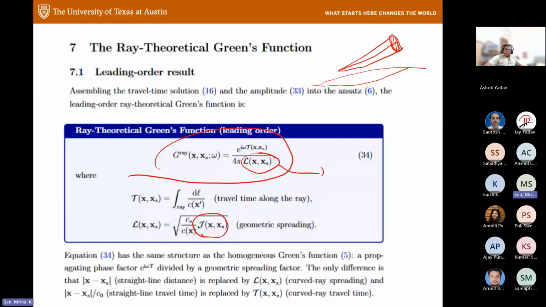However, when there is a crossing of rays, your ray tube thickness becomes very, very small, so your amplitude blows up. And those regions are called caustics. So ray theory is valid in regions outside of the caustics, and it is not going to be able to compute Green's function in regions that are in shadow. So shadow zones and caustics are the places where ray theory fails.